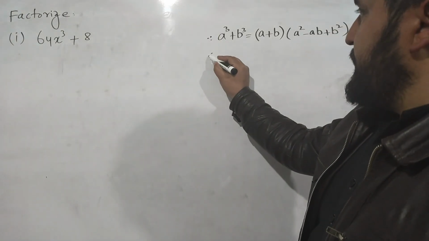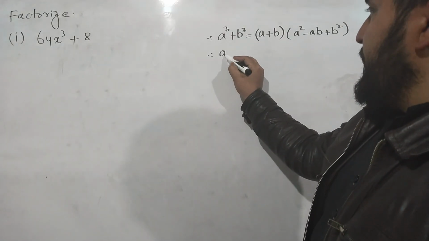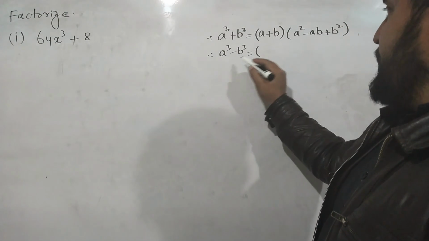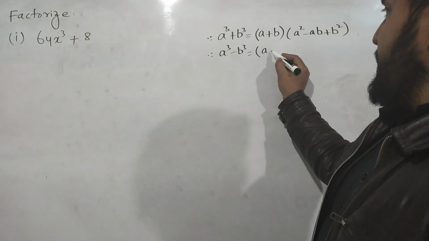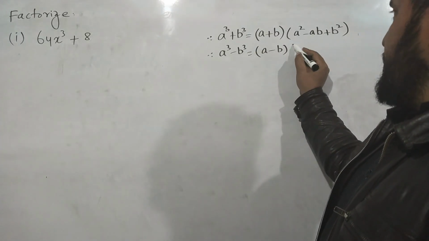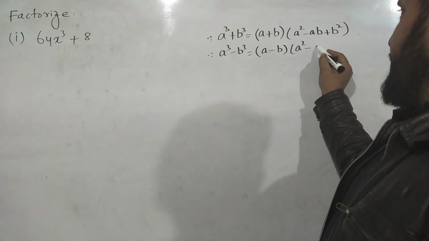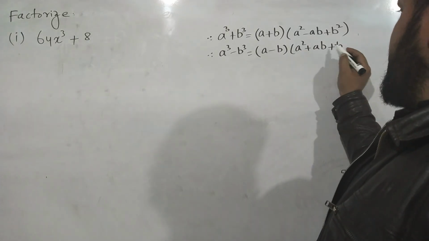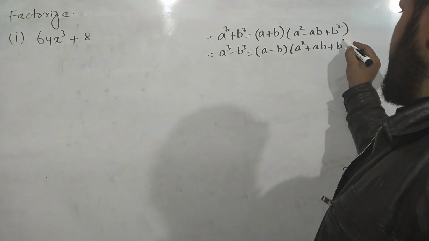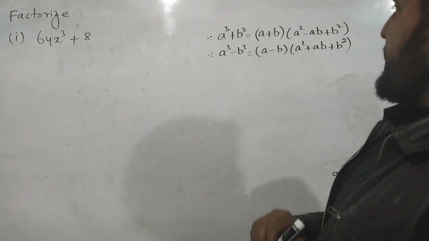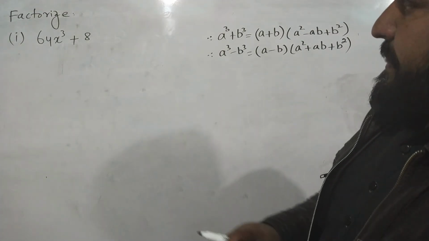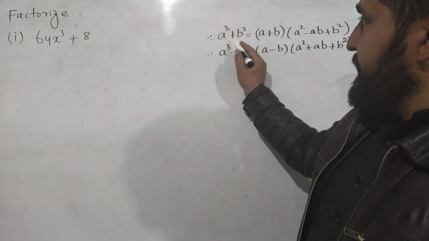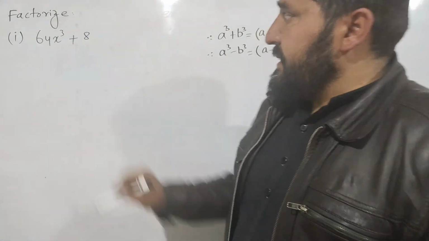And the next one is a cube minus b cube. Then we open this as a minus b into a square plus ab plus b square. Sorry, plus ab plus b square. Clear? So this is a question related to this one, and the cube is here. Clear?